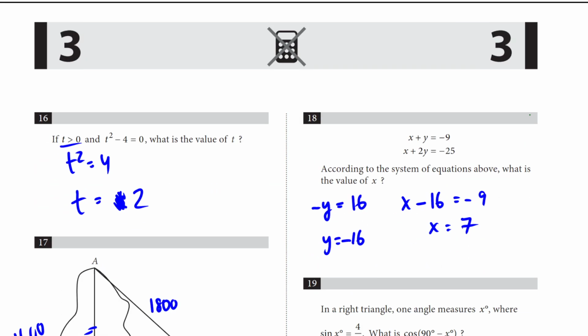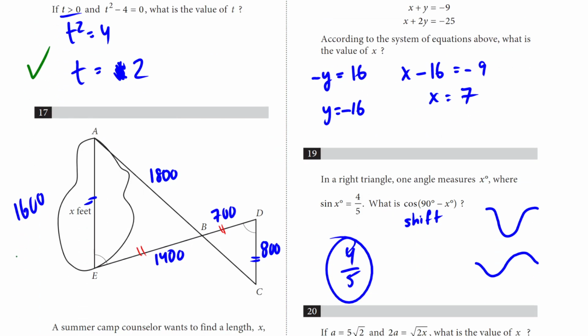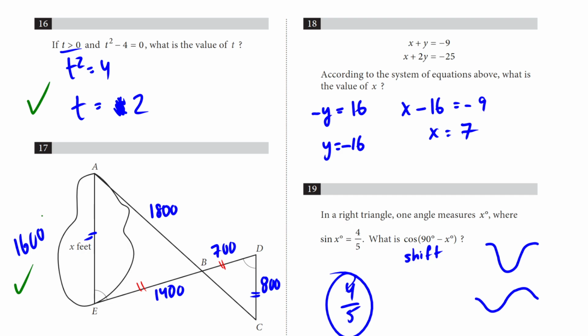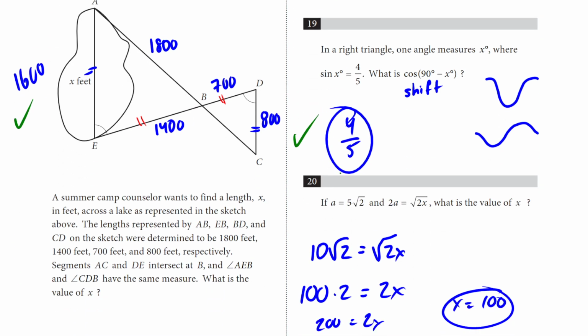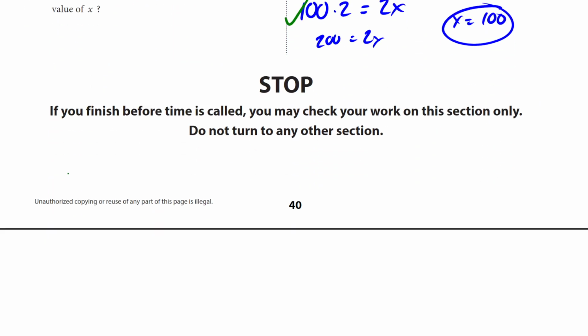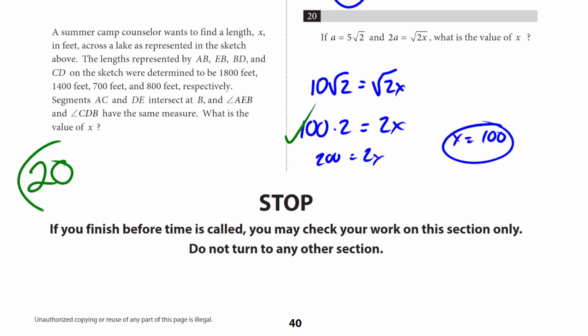16 is supposed to be 2, 17 is 1600, 18 is 7, 19 is 4/5, and 20 is 100. So, yeah, we got 20 out of 20 here in 24 minutes.